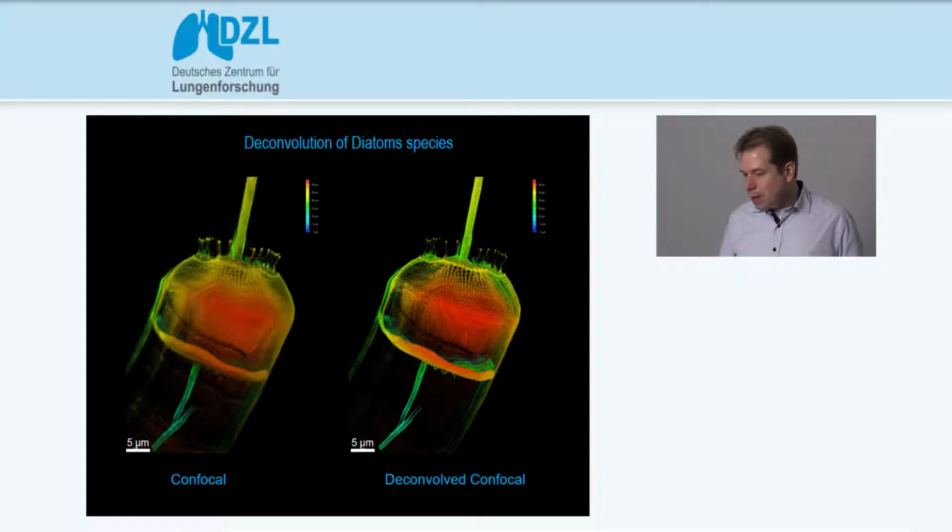Here you can see the confocal image, and this area is pretty much blurred, whereas after deconvolution we can see this tiny skeletal structure much better resolved. Therefore, it's always good to consider deconvolution in your process of image processing and analysis.